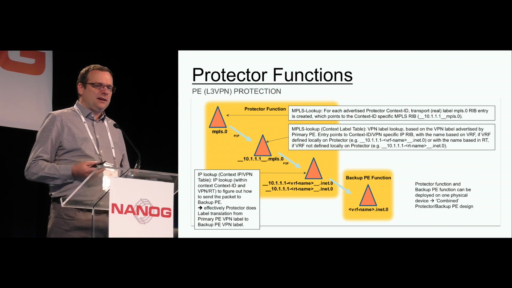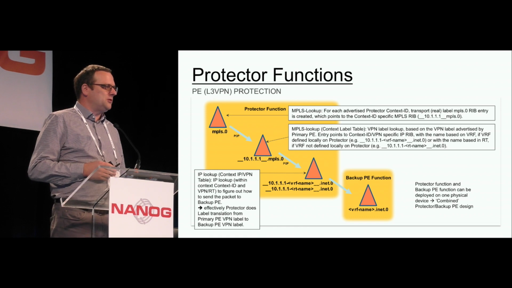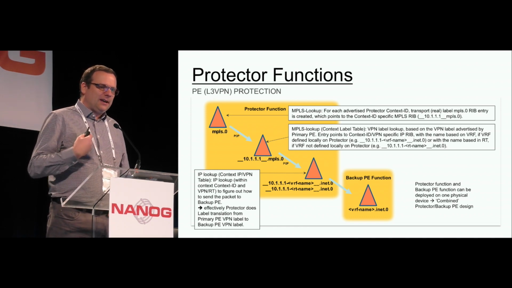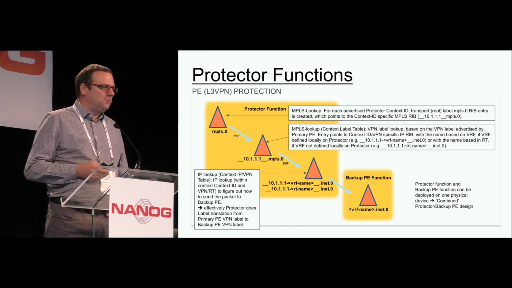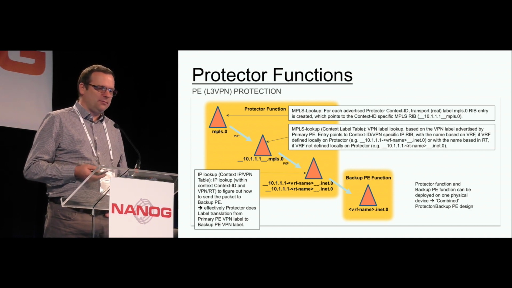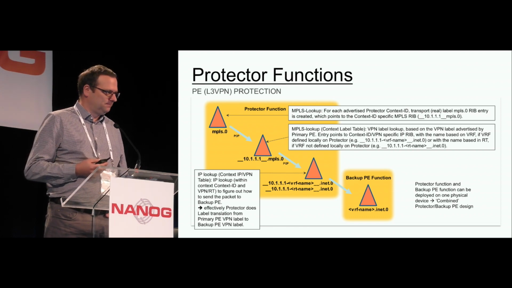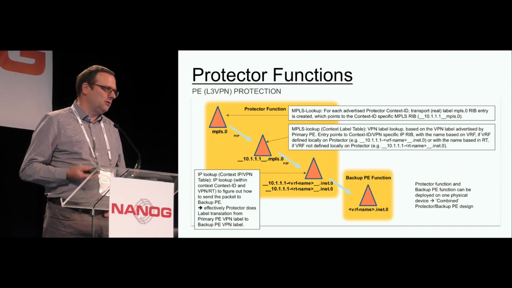In the MPLS table, I realize that the packet arrives with 26, for example, and it means it needs to be looked up in the context ID MPLS table, the second table, this 10.1.1.1 underscore MPLS.0. In this table, I have the labels collected from P1. These are not my locally allocated labels, but labels allocated by P1 that I received.